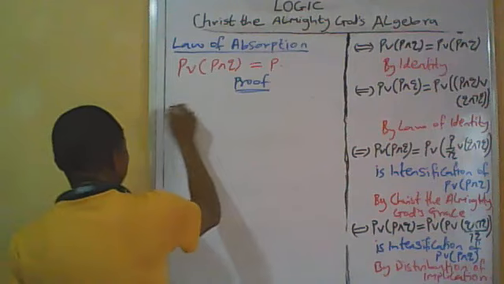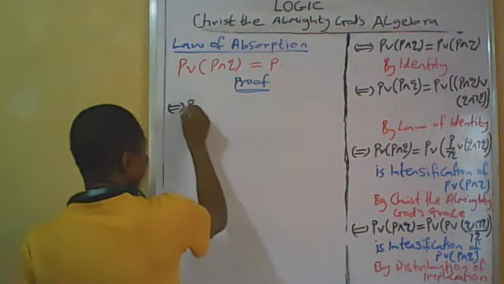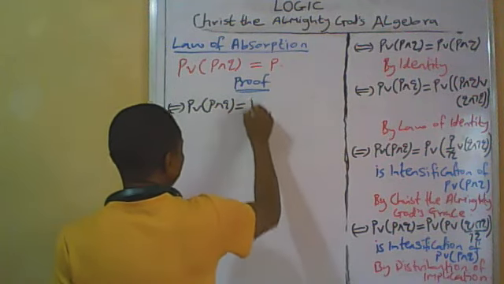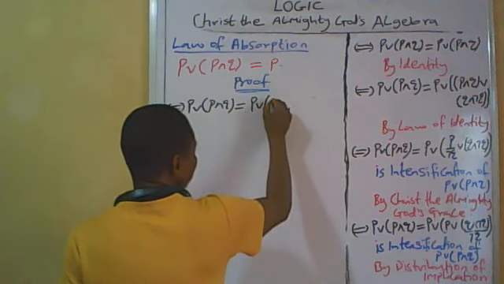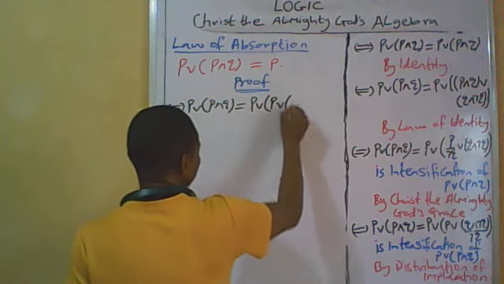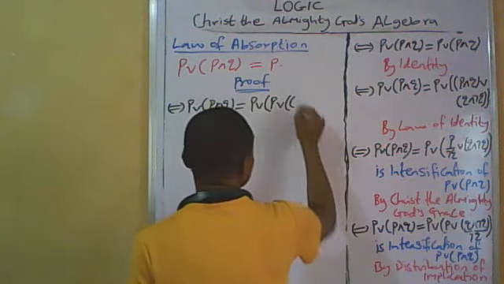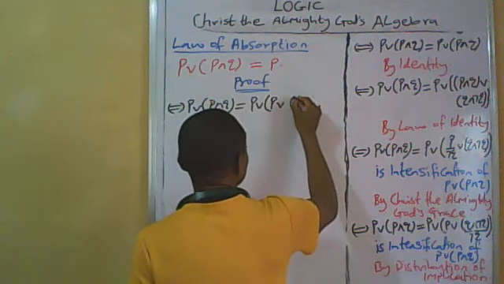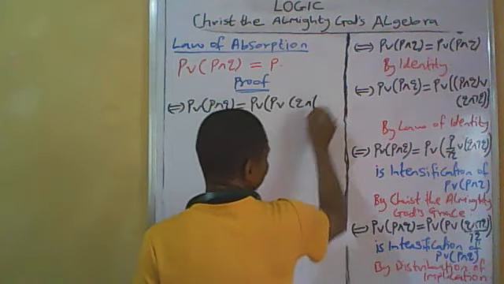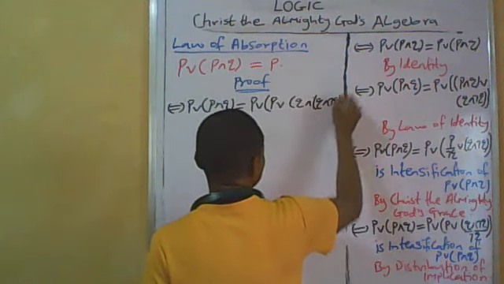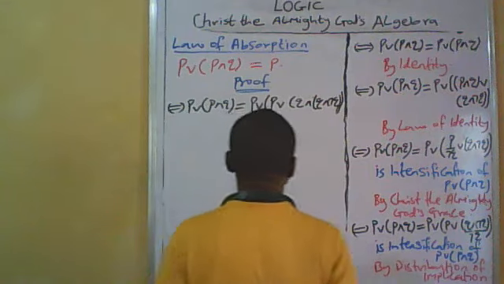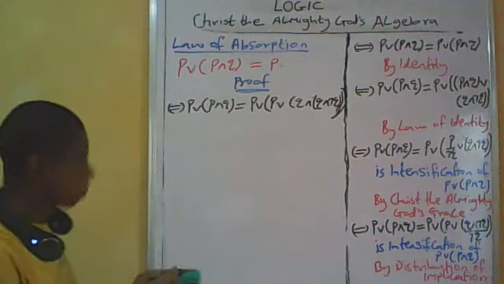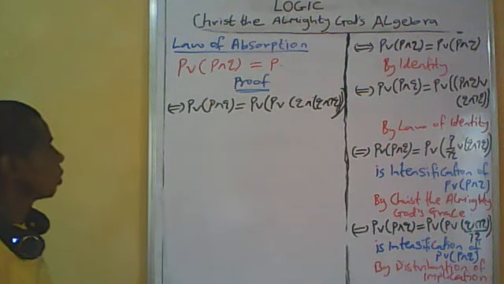That means you say if and only if P or bracket P and Q is equal to P or bracket P or bracket Q and not Q. So that is that.